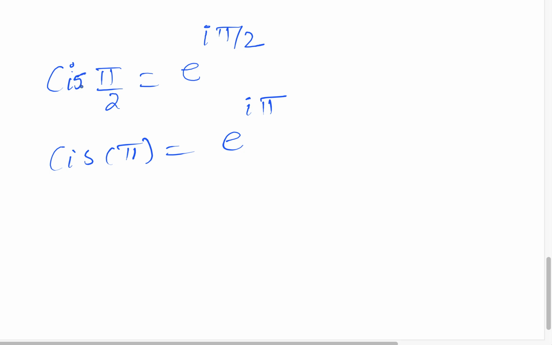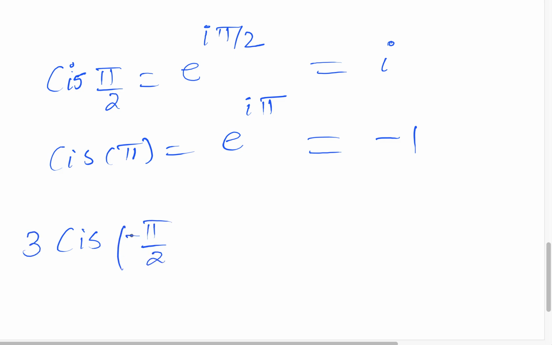So pi by 2 means what? Only imaginary number, no real number. This is only real number, no imaginary number. If I have 3 times cis of minus pi by 2, means what? Only imaginary number, no real number. 3 times e raised to minus i pi by 2.